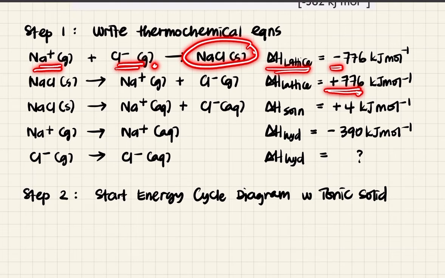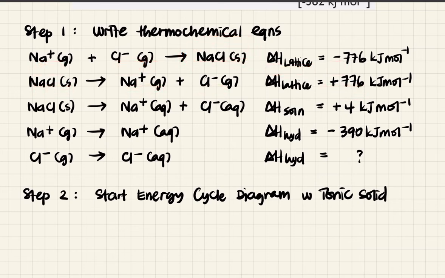So that means that it is an endothermic reaction where you dissociate your ionic solid into gaseous ions instead. It is the reverse of this chemical equation. And then we have our delta H solution, which is from ionic solid to aqueous ions. And then we have delta H hydration for your ions Na plus and Cl minus. So for Na plus, you are already given, but this one we want to find.